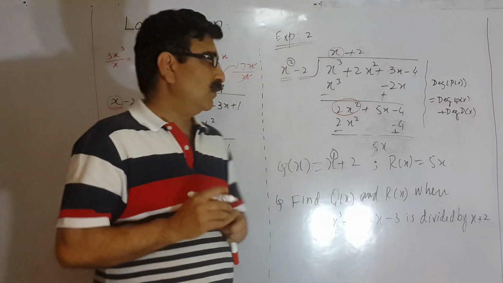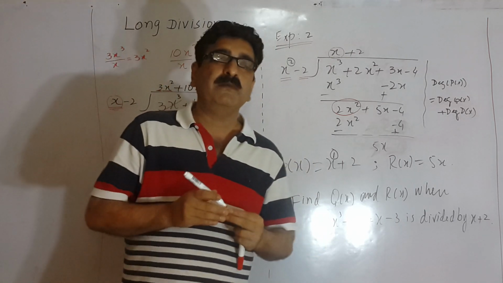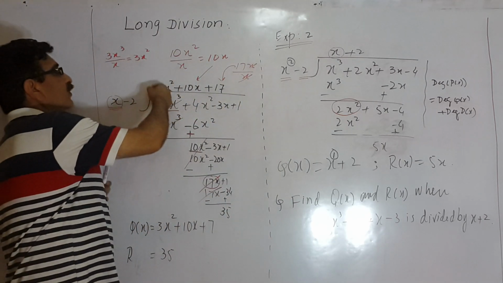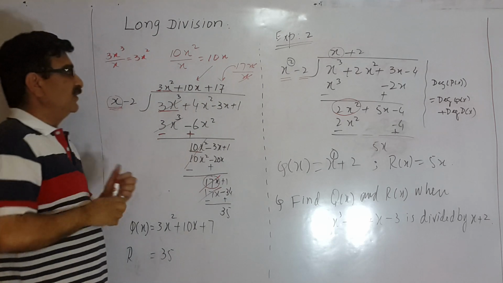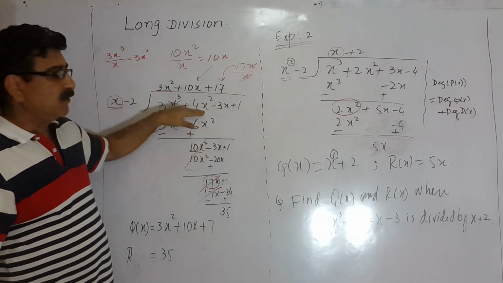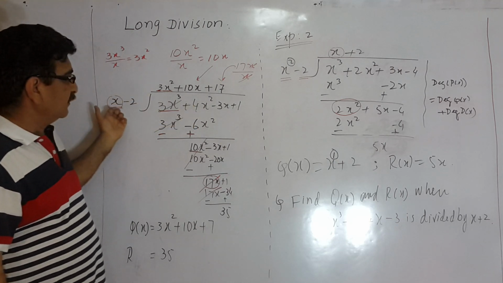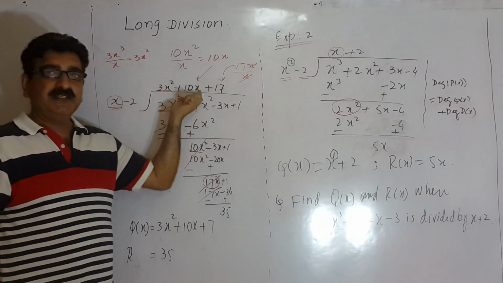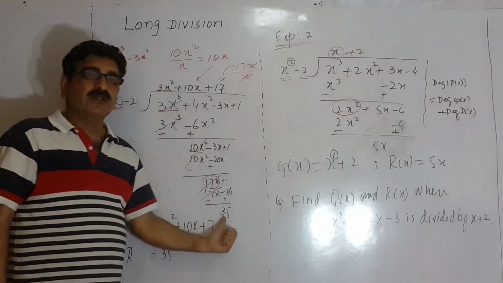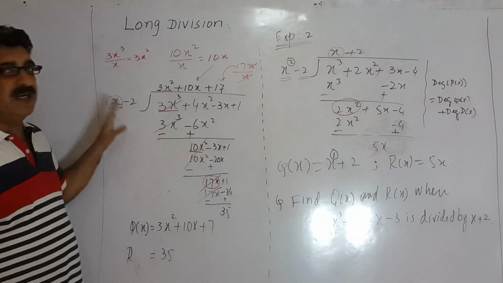Now what you have to learn, you have to memorize over here. Number 1, this is your quotient after the division. That means when you divide this polynomial by this linear factor, you get the quotient, and this is the remainder. So this is the whole process. I'm repeating once again.